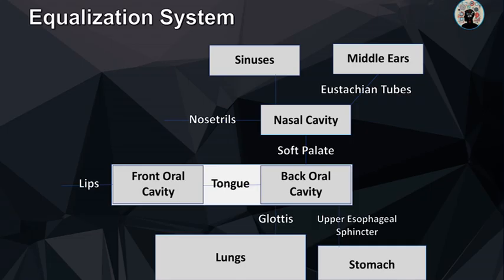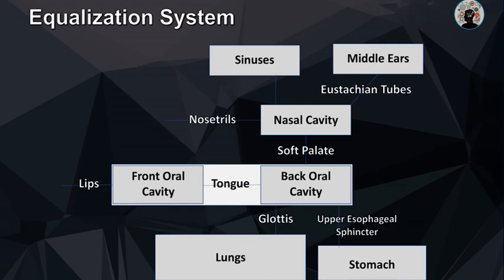From the back oral cavity, if we want to have access to the nasal cavity, we go through the soft palate, which can be open, closed, or in some rare situations almost closed. From the nasal cavity, we have access to the external part of our body, the nostril.